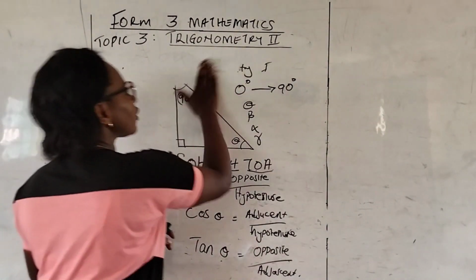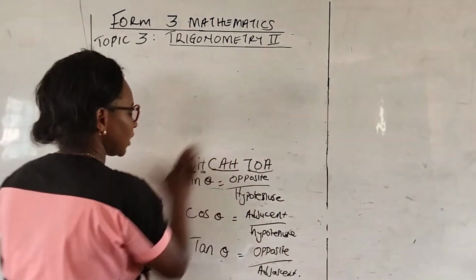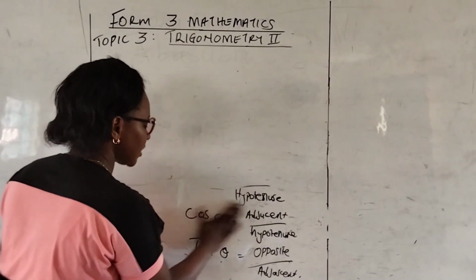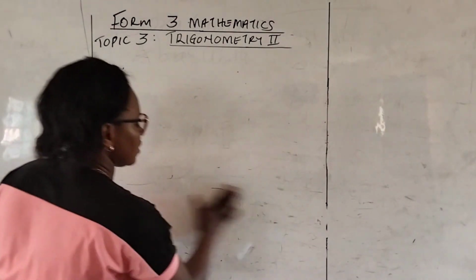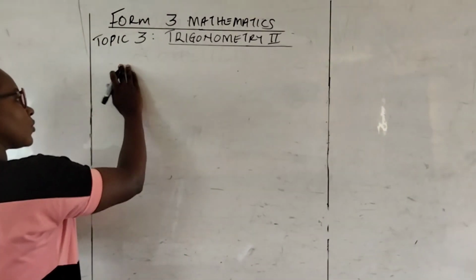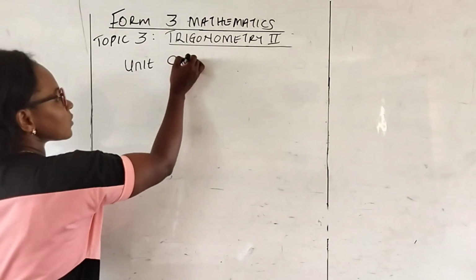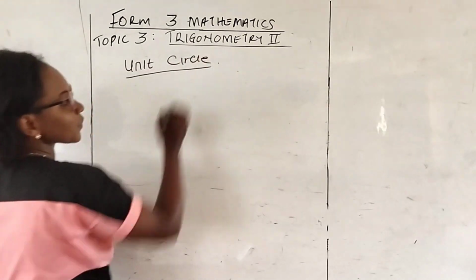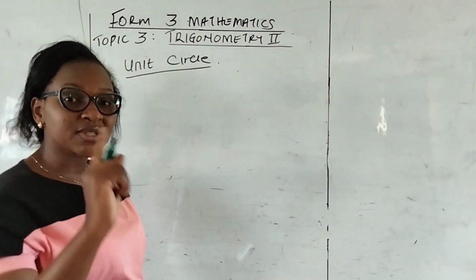Okay, before we go there, I want us to look at something called a unit circle. And what is a unit circle? Unit means 1.